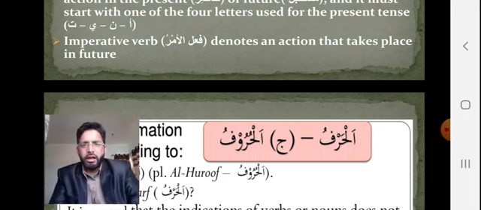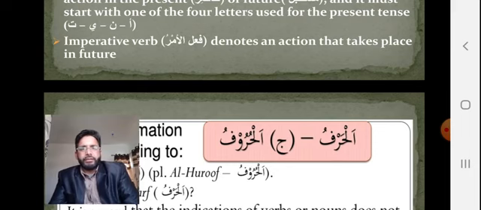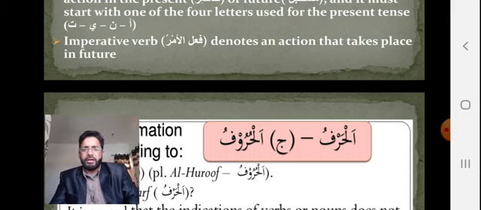Suppose I command you, open the door. I give you some command saying open the door. So I am demanding your action in future. So that's why there is future tense in fi'l amr, in the imperative verb.